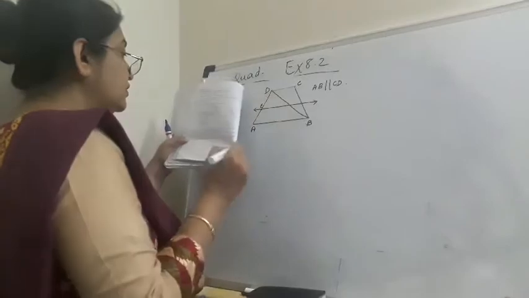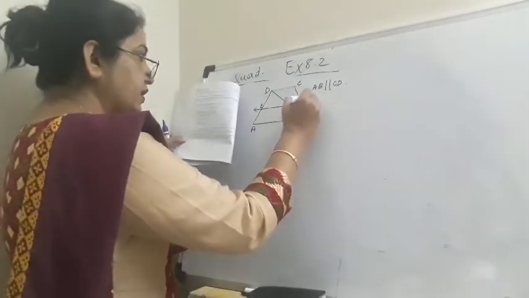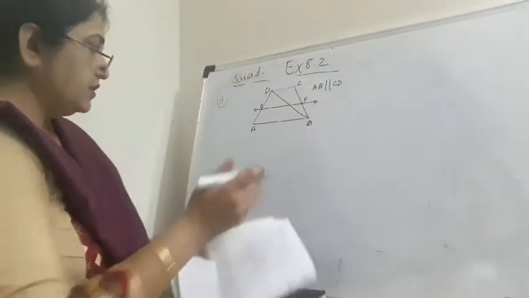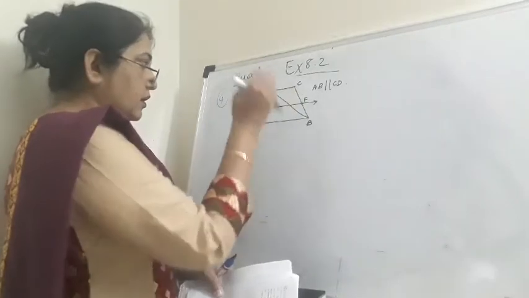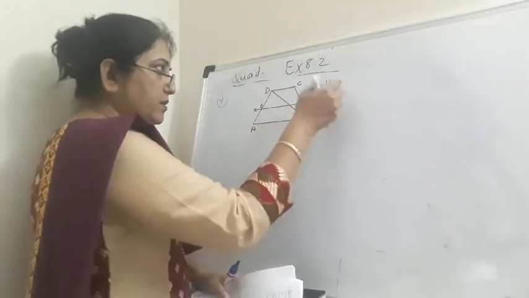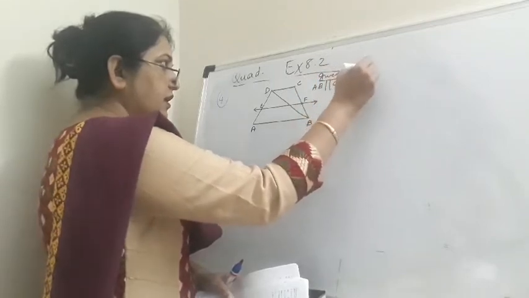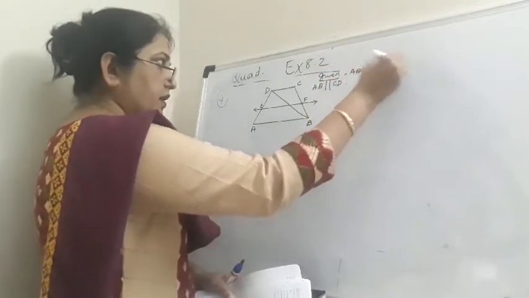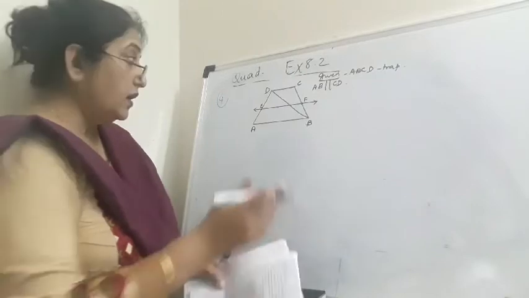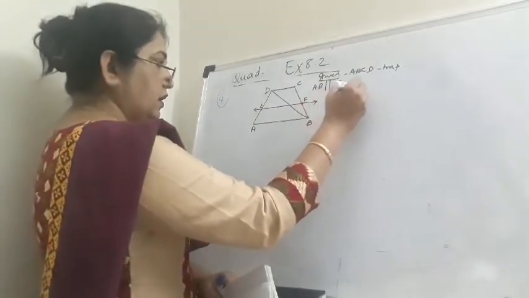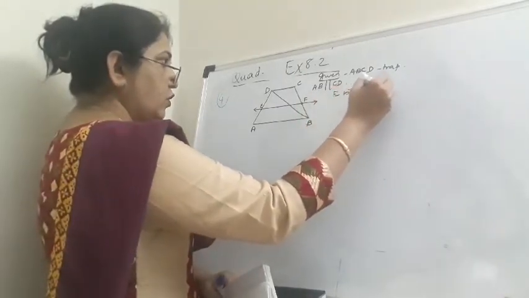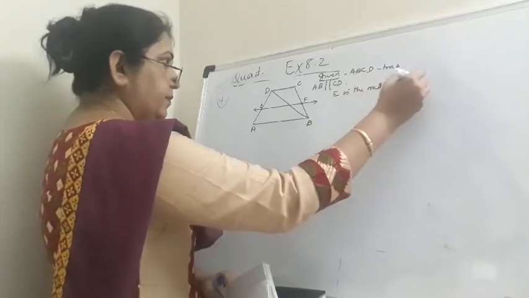Okay. So this is given, and this point is F. So this is the diagram figure given. Given points are AB is parallel to CD. Why? Because ABCD is a trapezium. Then E is the midpoint of AD.